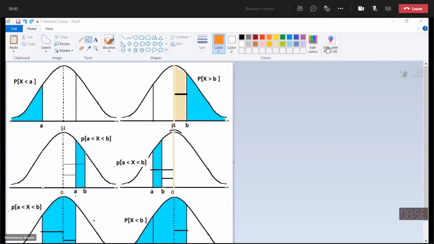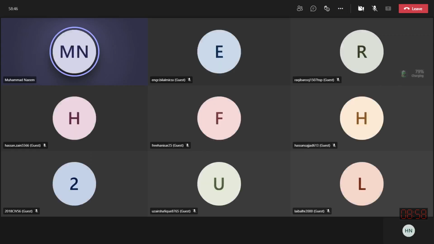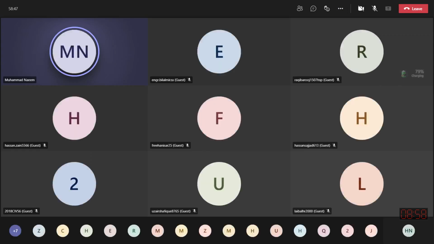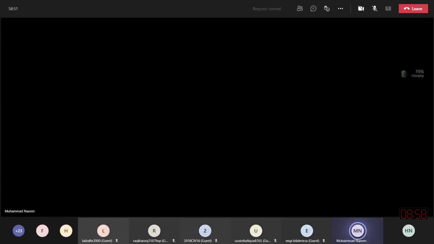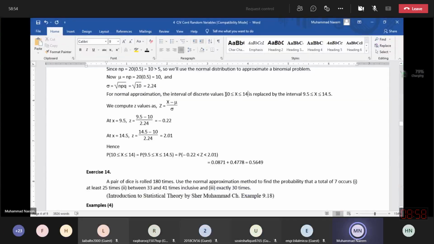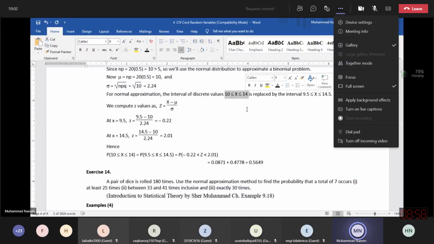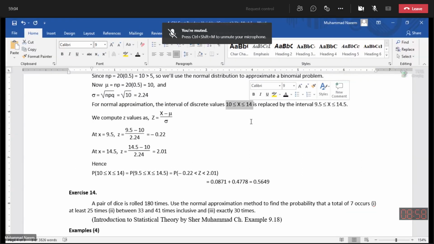But as in this case we are approximating our binomial problem with the help of normal distribution, intentionally we have to include these extreme ends. For this purpose, we have to expand this range by 0.5.